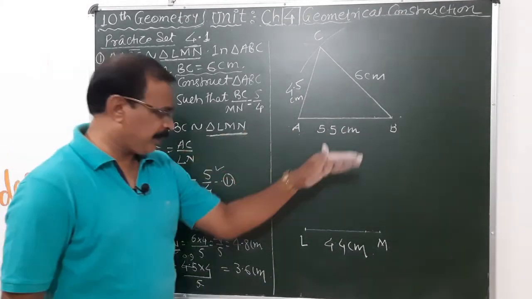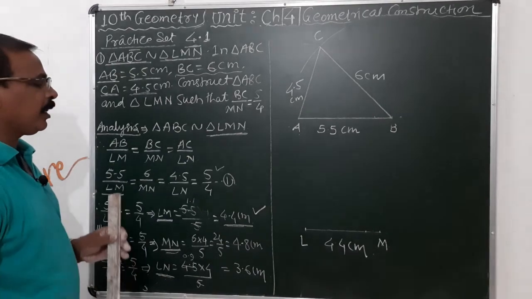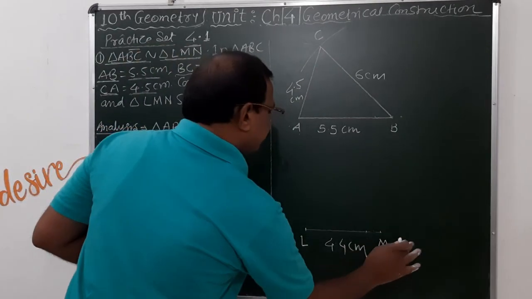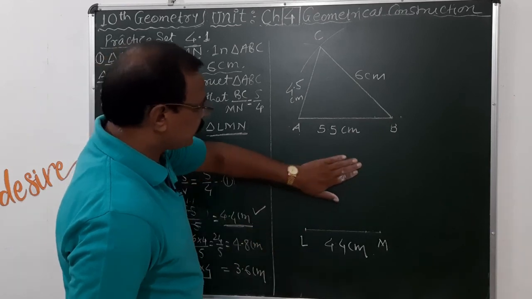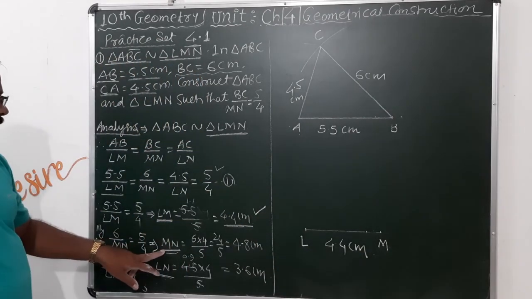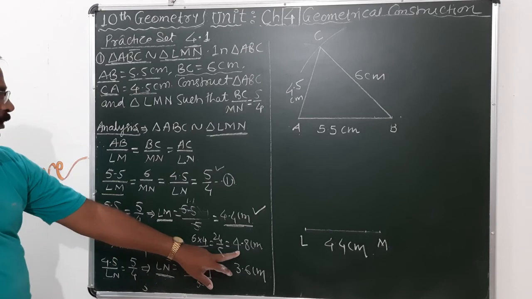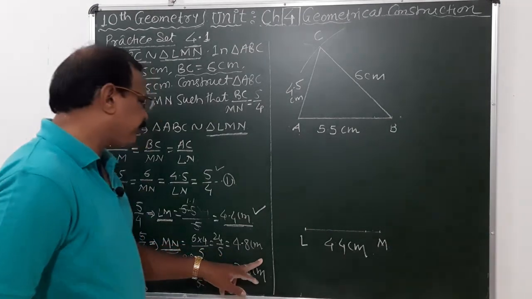So I write AB, LM, 4.4. Then come to find the point N. Find the MN, which is equal to 4.8 centimeter.